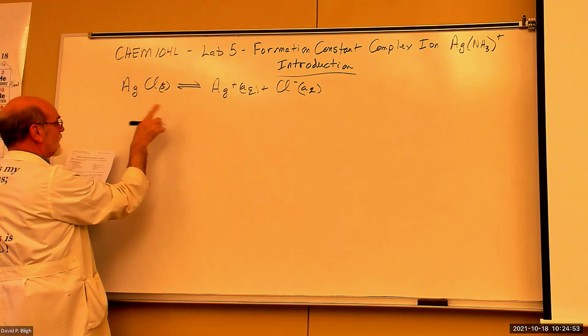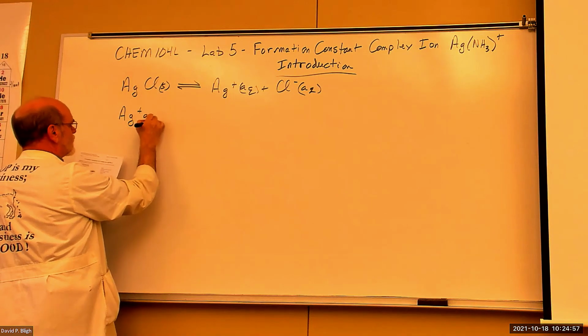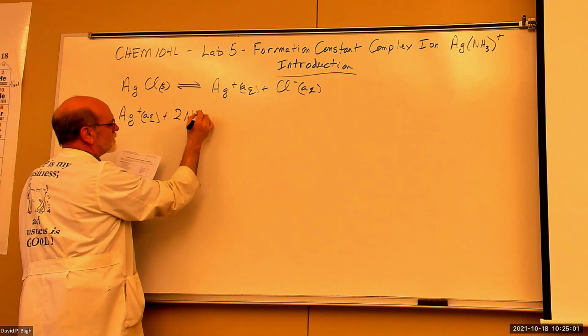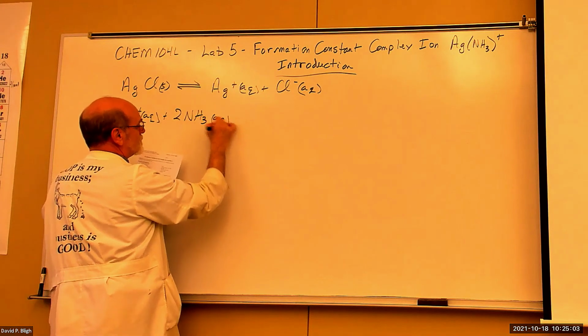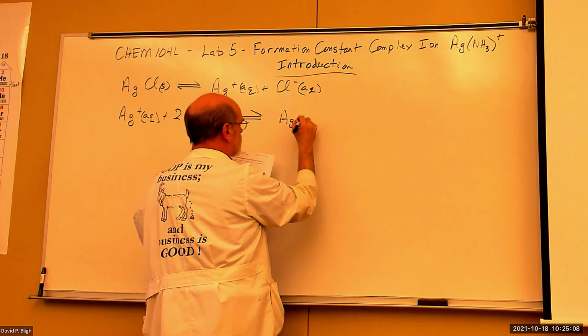We're going to take silver ions and combine them with ammonia in solution and produce this complex ion.